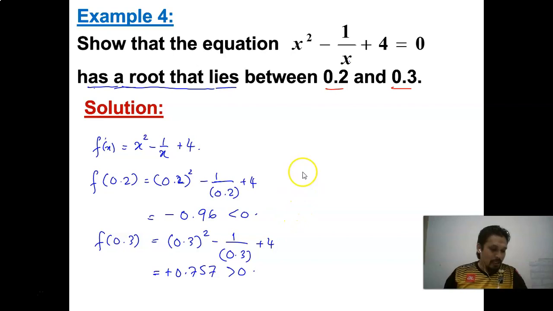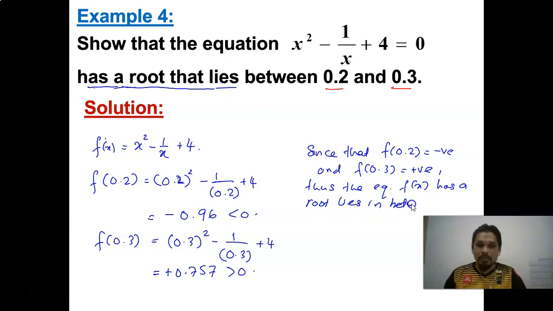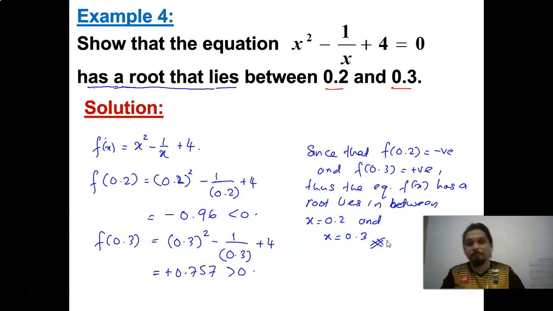So we come up with the conclusion that, since f(0.2) gives us a negative value and f(0.3) gives us a positive value, thus the equation of f(x) has a root that lies in between x equal to 0.2 and x equal to 0.3.